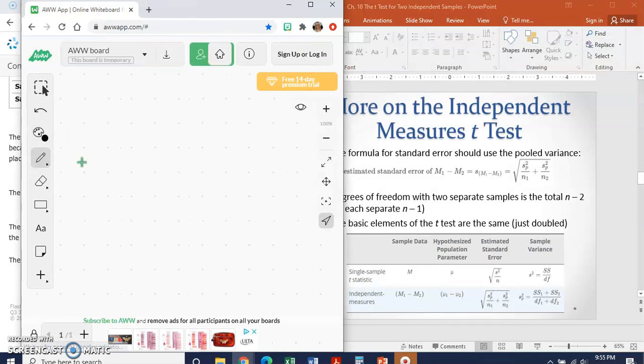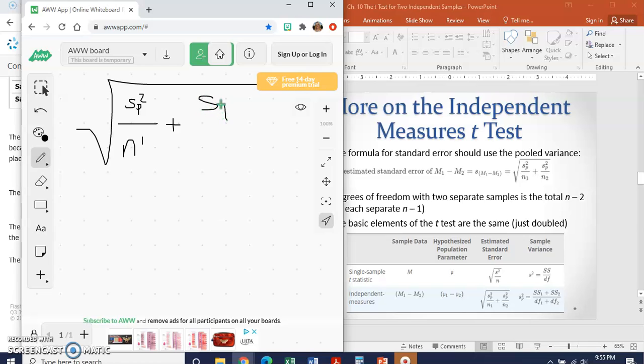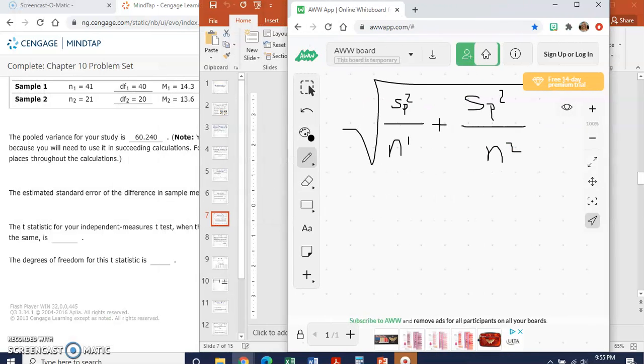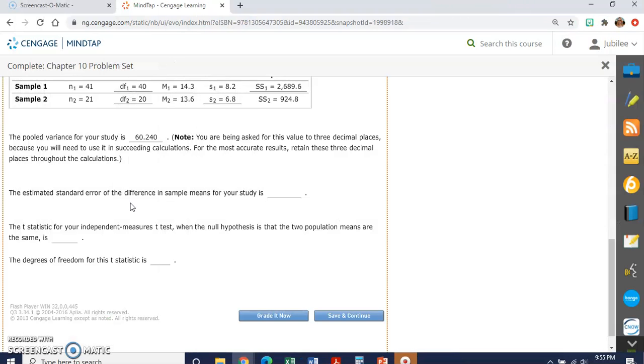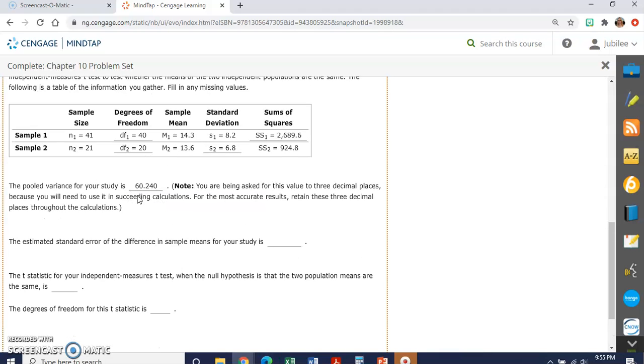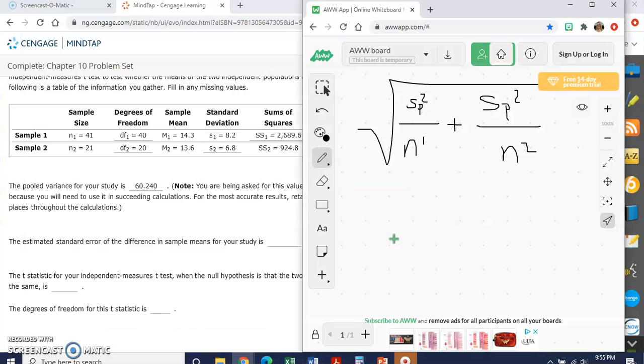So I have the square root of all this. So it's the pooled variance divided by n1 plus the pooled variance divided by n2. The reason we use pooled variance is when we have uneven sample sizes, which is what I have here. So I have my pooled variance at 60.24, and I have my two n's.